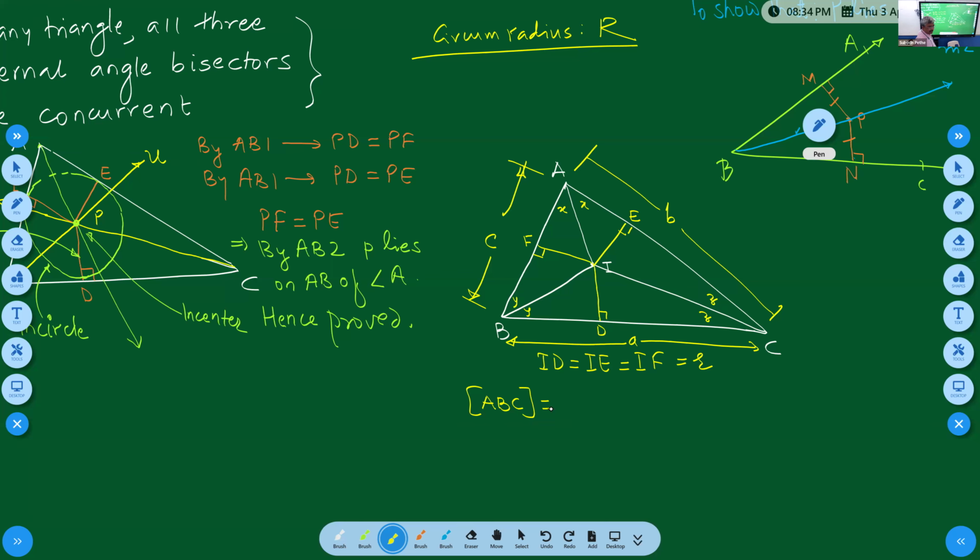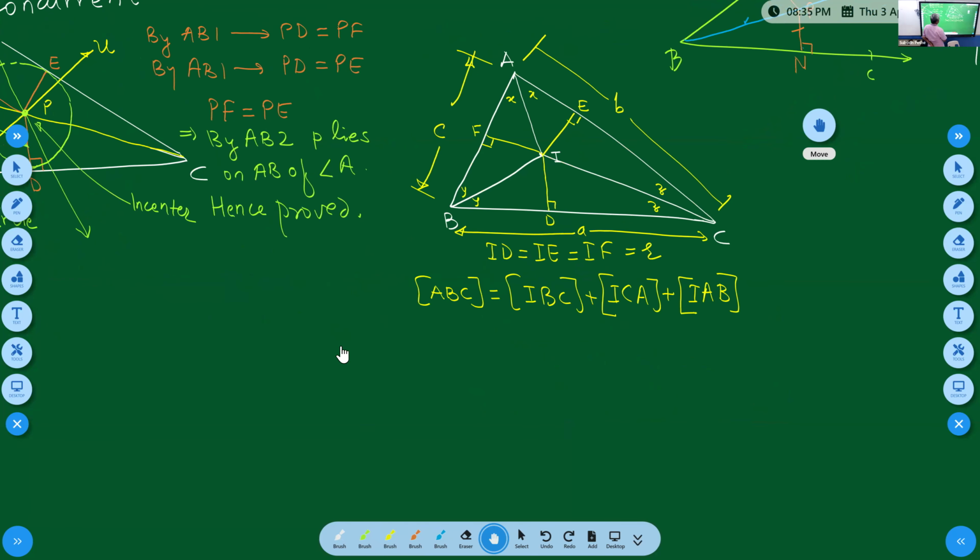Is the area of triangle ABC equal to the area of triangle IBC plus the area of triangle ICA plus the area of triangle IAB? If we add the areas of these three triangles, we get the area of triangle ABC.